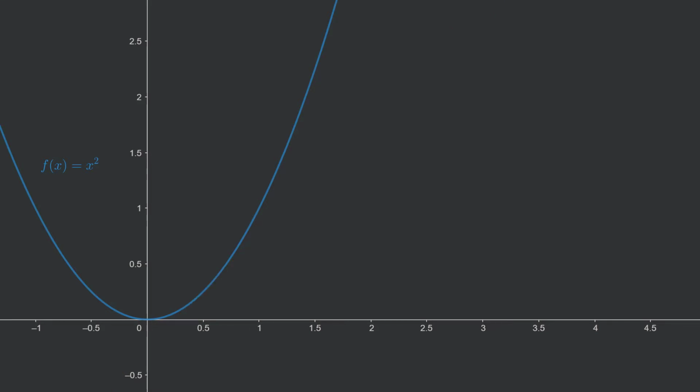Now let us summarize what we have understood. We take a function like f of x equals x squared and fix a point a. At this point a, we want to calculate the slope of the tangent, that means the derivative of f at a. However, we can't do that directly because we don't know the exact formula of that tangent. To resolve this situation, we instead construct the secant, which goes through a, f of a, and another point on the curve, which lies h units further to the right than a.